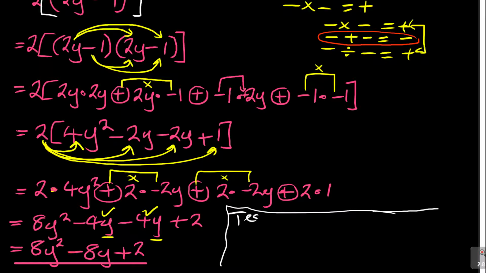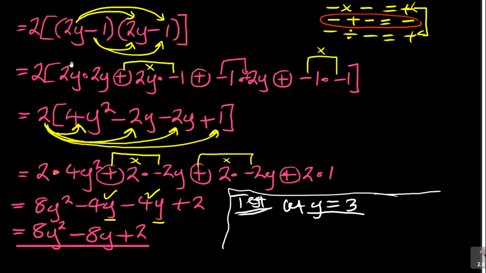Now, if I say test your answer, what do I mean? You choose any value of y that you want. For example, you say let y be equal to 3. Where there is y, you will put 3. That is called substitution. Where there is y here, I just put 3.